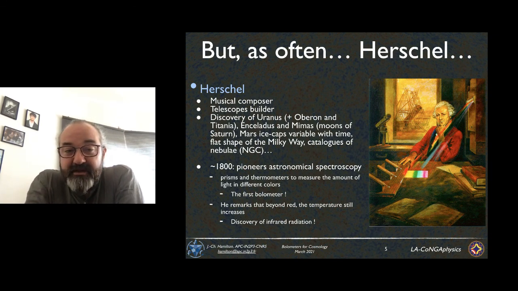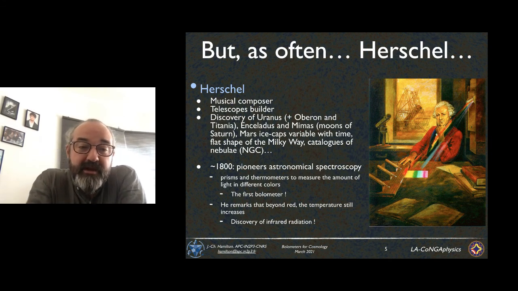He also discovered that the Mars ice caps are variable with time. He investigated and assumed for the first time the flat shape of the Milky Way. He made the first catalogs of nebulae, like the NGC catalog. And it turns out that in the early 1800s, he was a pioneer of astronomical spectroscopy.